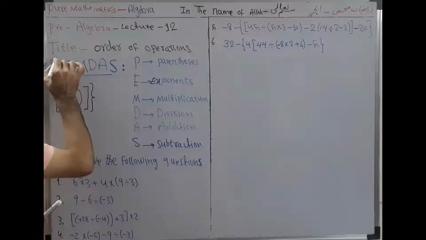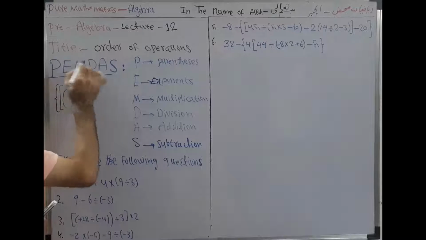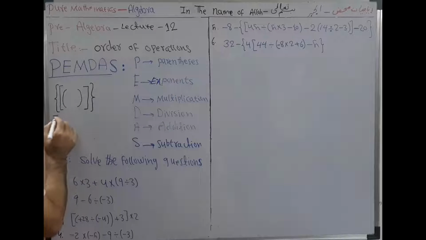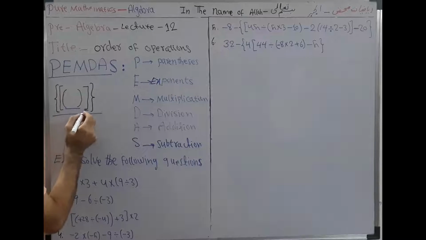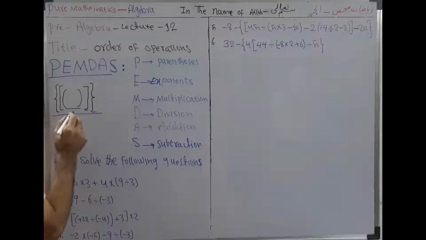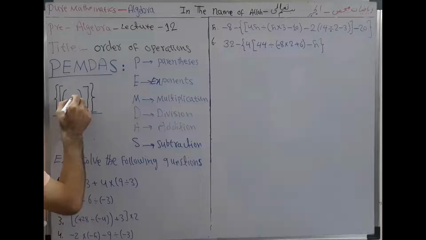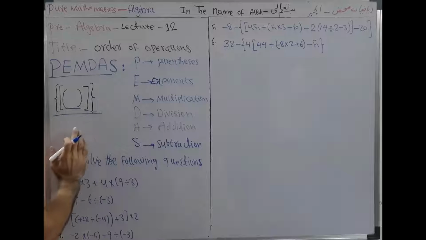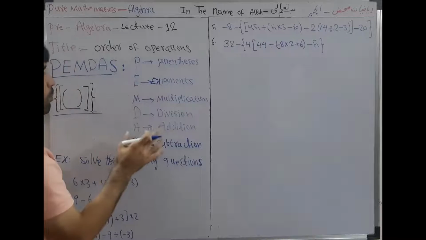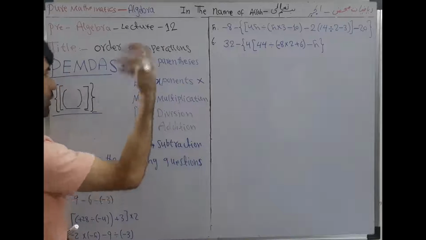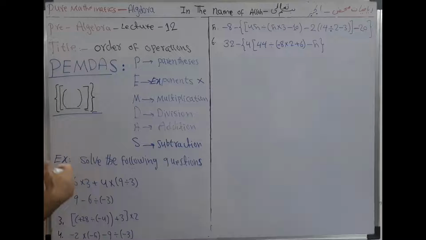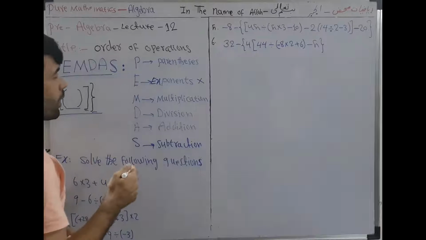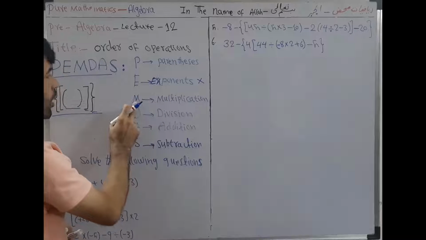First, we have to simplify parentheses. There are small, medium, and large parentheses. We start from the inside of the parentheses. After that, exponent, or power; we haven't studied this one, and we will study it in future lectures.